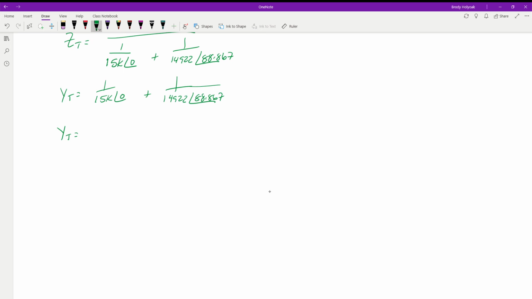This comes down to be 66.667 micro at 0 plus a 67.015 micro at a negative 88.867. Now we're adding, so we're going to convert these into rectangular.